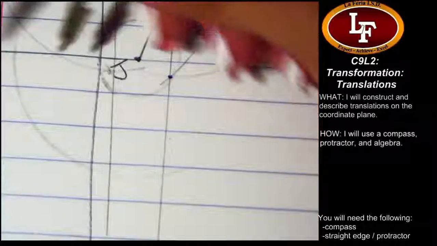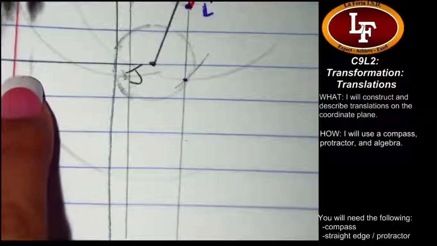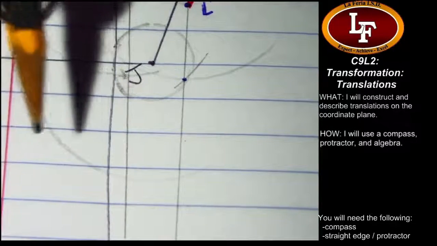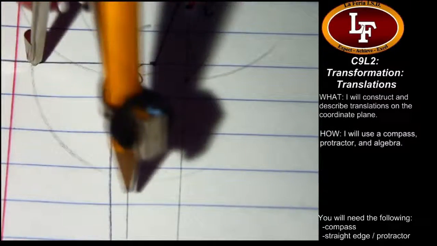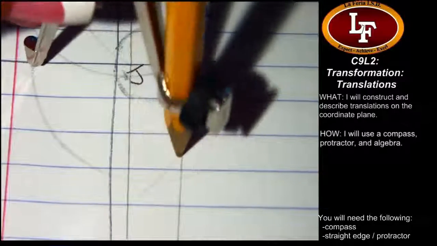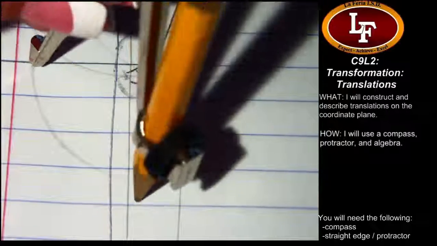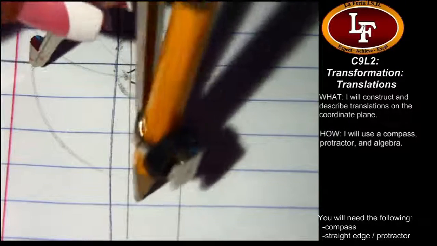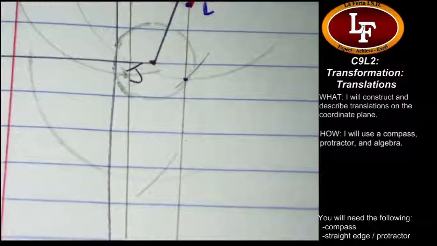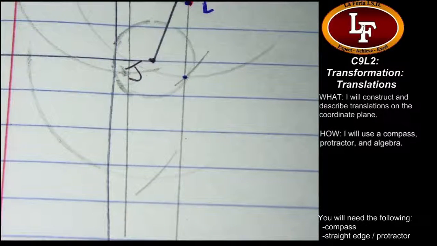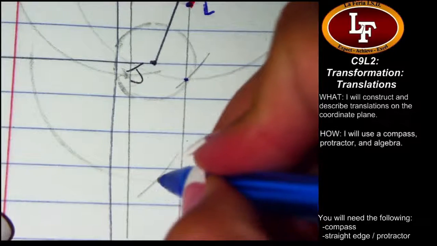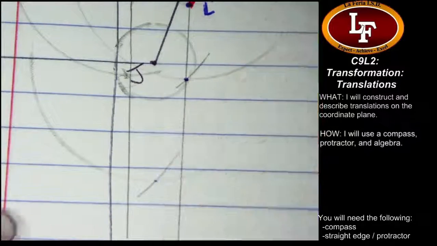I'm going to come to this intersection, my new reference and my new arc, and I'm going to mark where those two arcs intersect. I'm trying to make it a little darker for you so that you can see it on the overhead. This is where those points intersect.